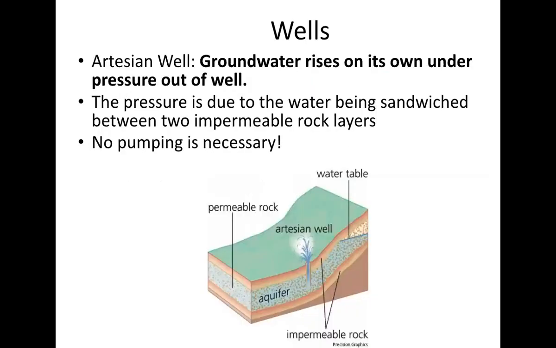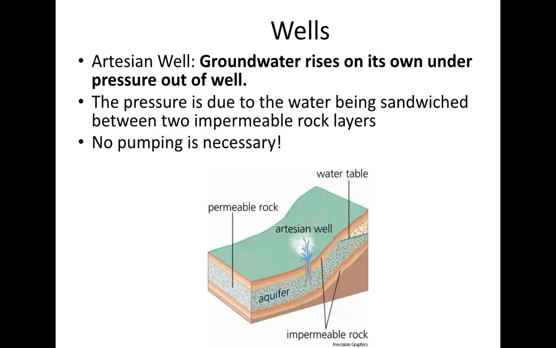Next is what is known as an artesian well. We need to make sure we understand the difference between these two. Groundwater rises on its own under pressure out of the well. The pressure is due to the water being sandwiched between two impermeable rocks. Those impermeable rock layers, what does that mean if they're impermeable?